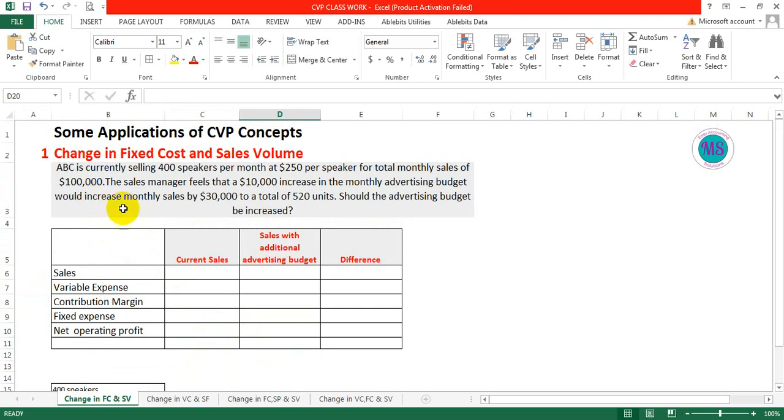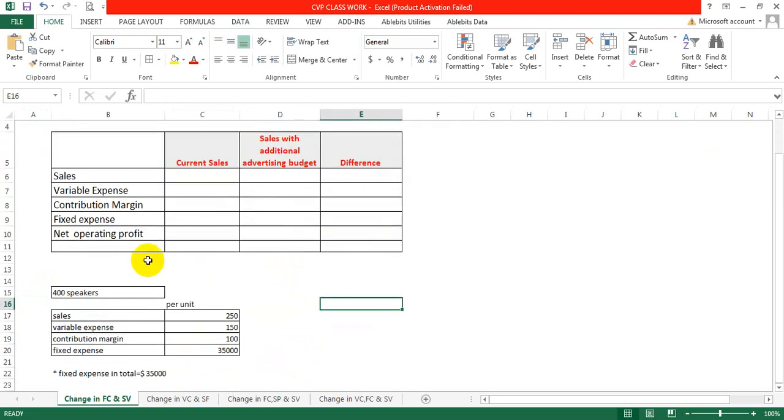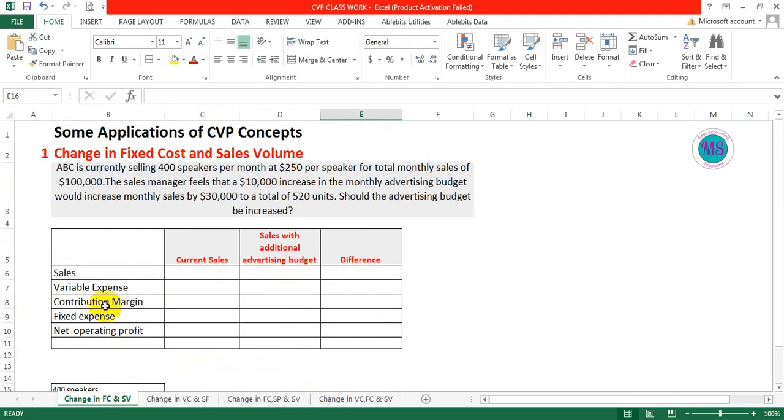Now we will calculate these. ABC is currently selling 400 speakers per month at 250 per speaker, for a total monthly sale of 1 lakh.